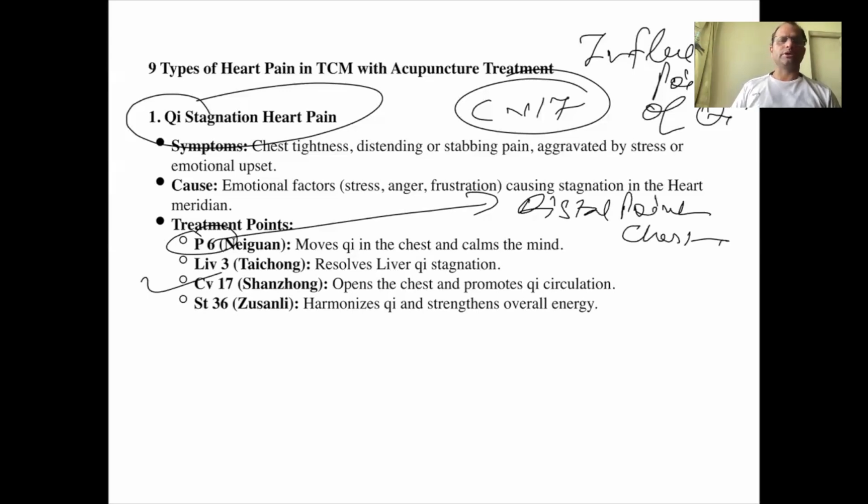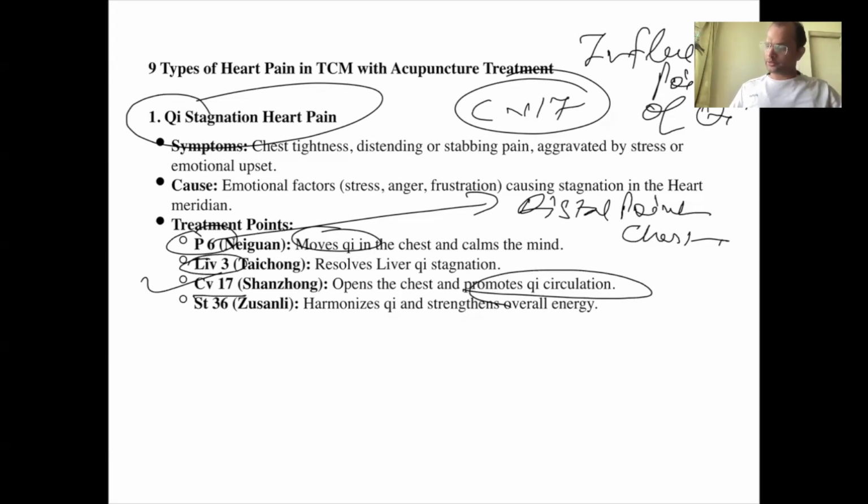But here we are using it because it will move the chi, move chi stagnation. CV17 also promotes chi circulation, right?